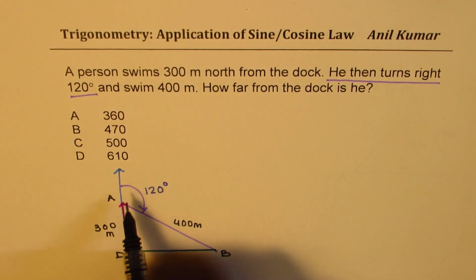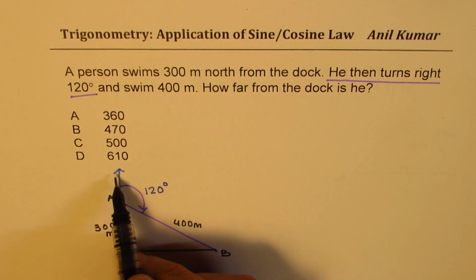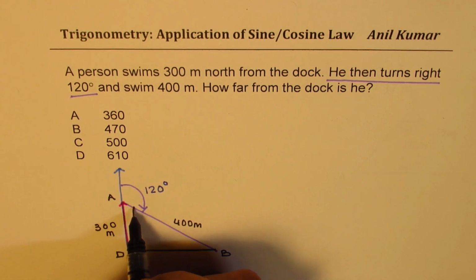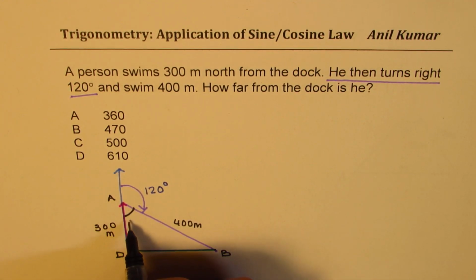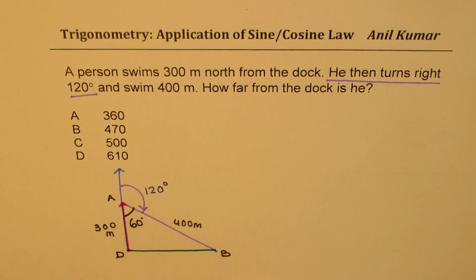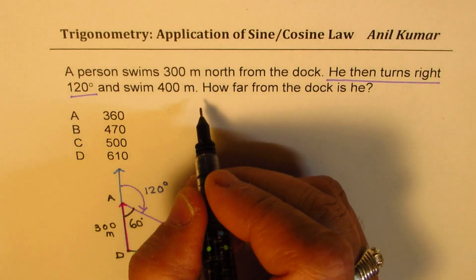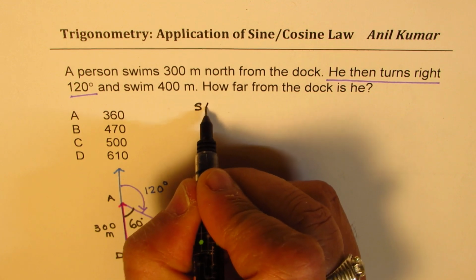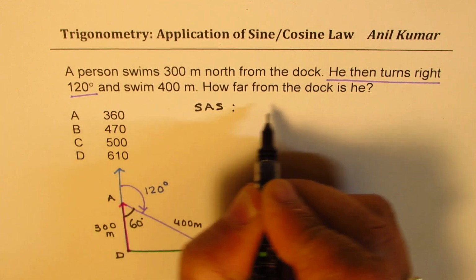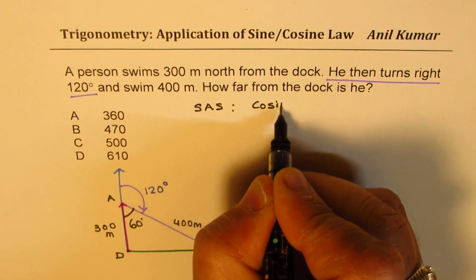Perfect. Now since this angle is 120 and that's a straight line, the angle DAB should be 60 degrees. Now we can solve the triangle using the cosine law. We know the two sides and the included angle, right? So since the situation is side angle side, we should use cosine law.